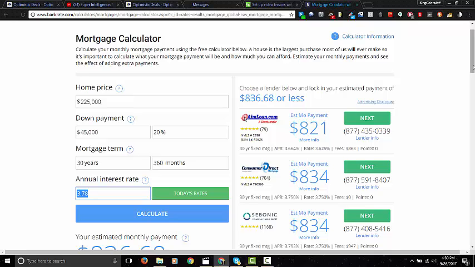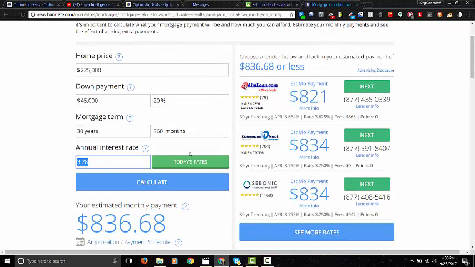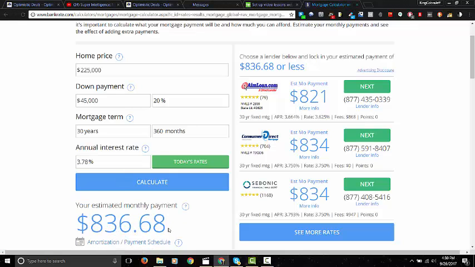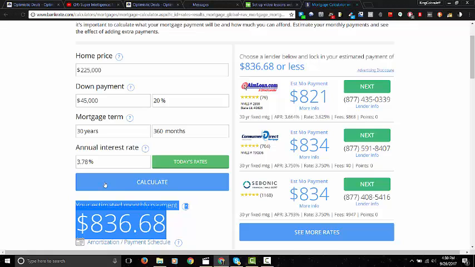You will see that at 3.78%, this is how much an individual would have to pay. Let's assume that you bought a property using seller's finance or owner's finance at this rate from the original property owner that you found as the investor.